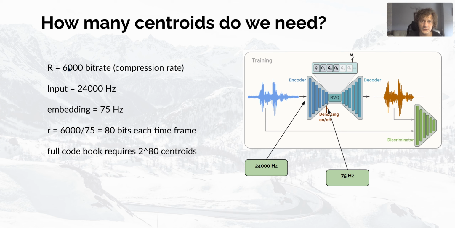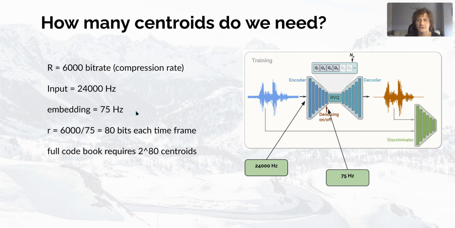That's a number which comes from some device or internet connection and so on. Basically, we have our signal with 24,000 Hz, and we slowly reduce it. And it's important that we reduce our signal along the time axis, right?